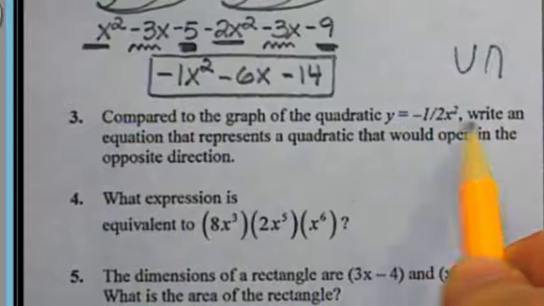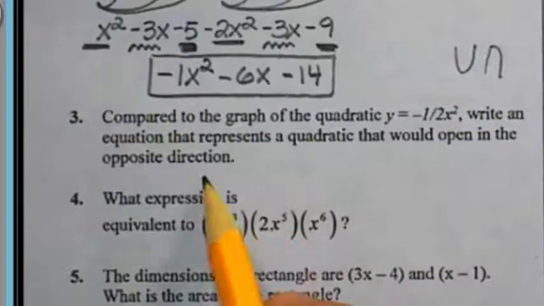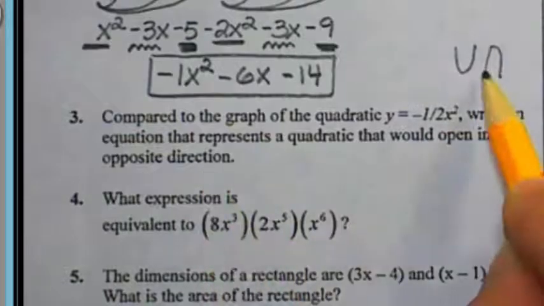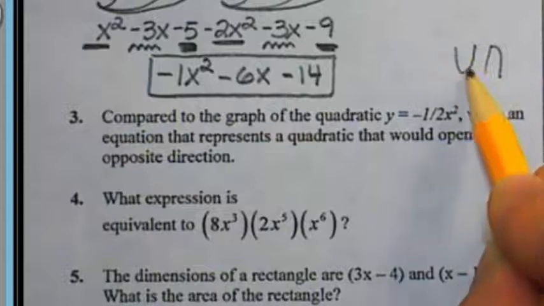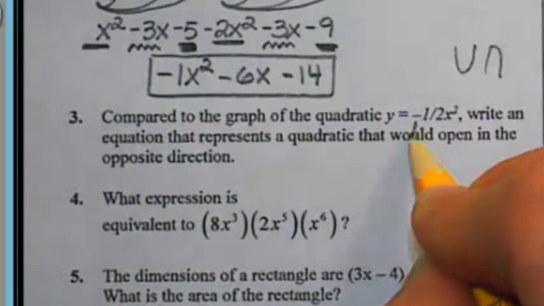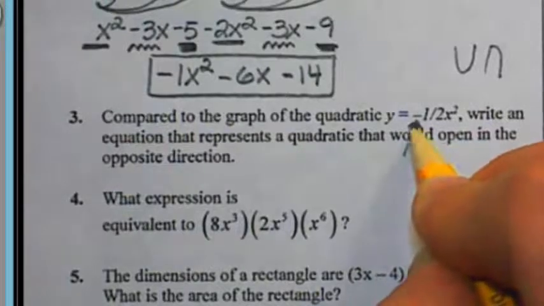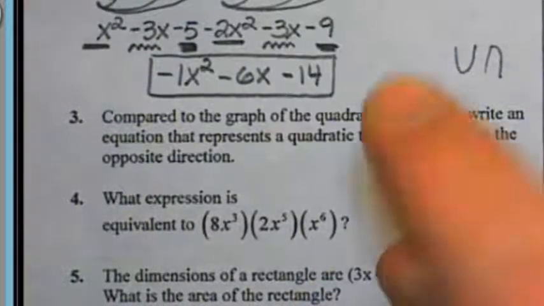Okay, and the problem says write an equation that represents a quadratic that would open in the opposite direction. So that means if it's opening down, the opposite direction would be if it's opening up. Now if you remember, if I change the sign in front over here, that's going to make the graph reflect, so turn upside down, or if it's upside down, it's going to turn up.